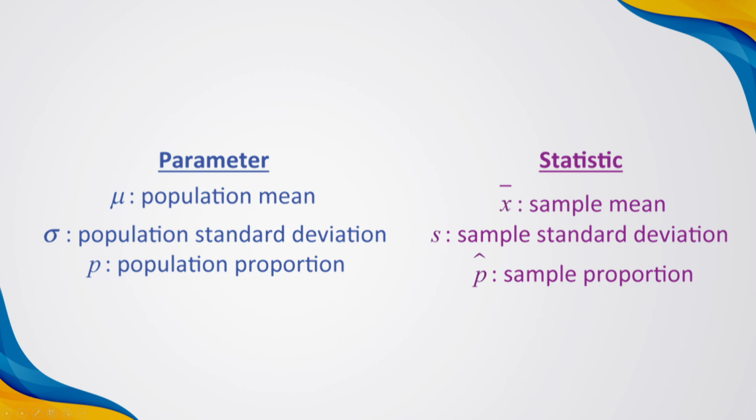Similarly, sigma is the population standard deviation, s is your sample standard deviation, small p is your population proportion, and p cap is your sample proportion. That is, when you need to consolidate the values of the sample and the population, you represent them as statistical measures, like mu, sigma and p.